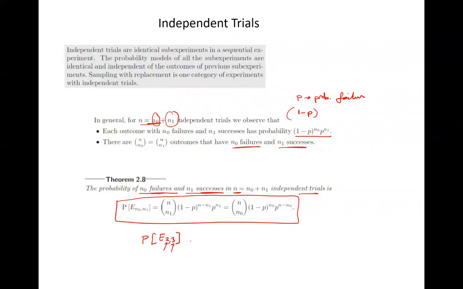So what is the probability of this? Or the probability of E 7,3: I have 10 trials total, 7 failures and 3 successes.